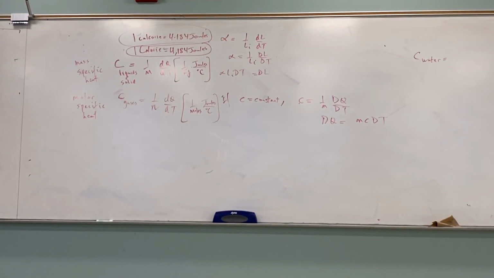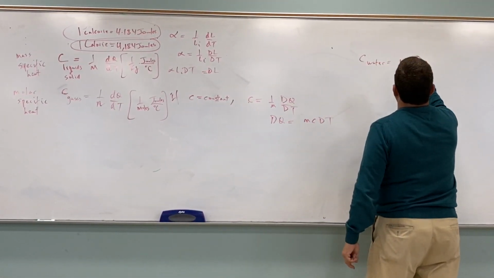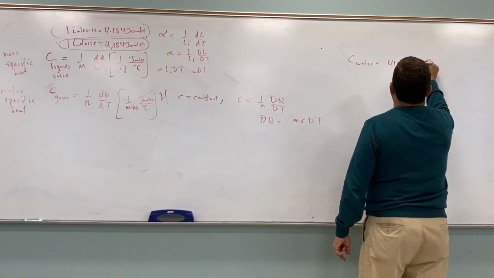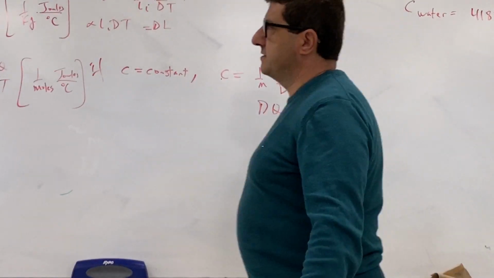But it's somewhat temperature dependent. Notice that they're saying this is at 20 Celsius. When they do that, it means it is slightly temperature dependent. There is some temperature dependence. So it's 4,182, and that would be joules per kilogram per Celsius.